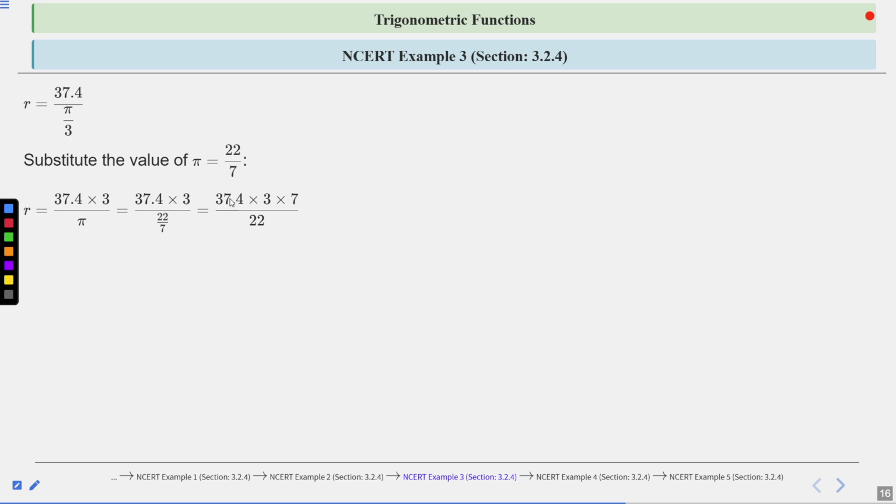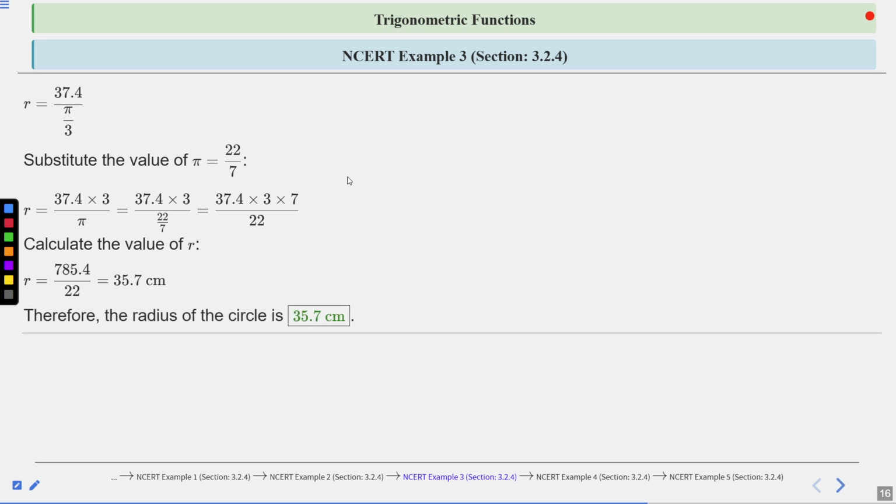Substituting my value, r becomes 37.4 times 3 by 22 by 7. Just simplifying the denominator, I am getting r as 37.4 times 3 times 7 by 22. So just calculate the value of r. You'll get r is 785.4 divided by 22. On further simplifying, you'll get r is 35.7 centimeters.